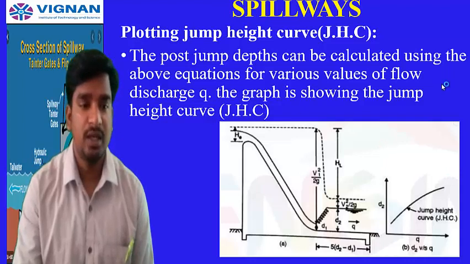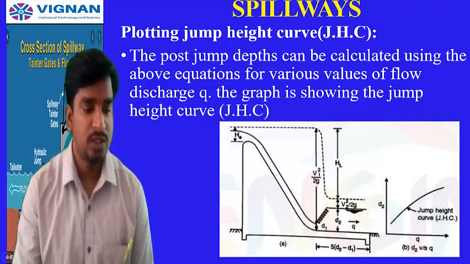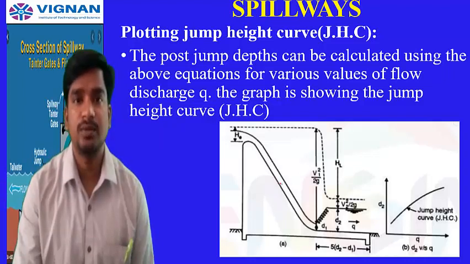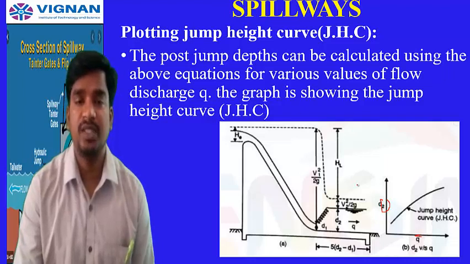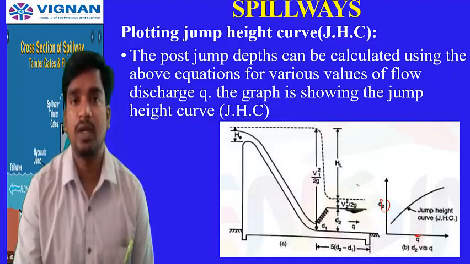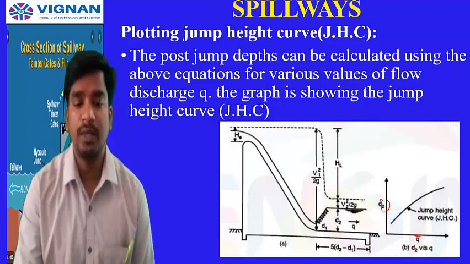This plotting is made based on two values: one is the discharge Q and also the depth D2. This depth D2 is for the post jump, meaning after jumping, what is the tailwater depth. Based on these two, we can plot the jump height curve like this.